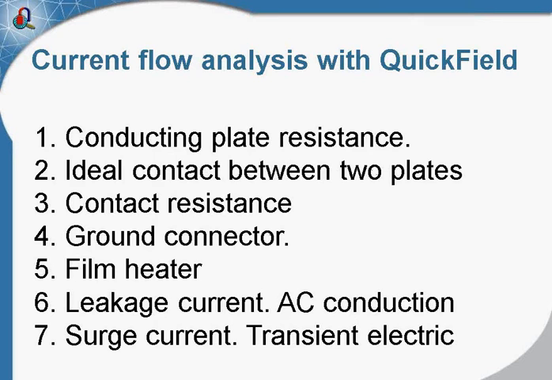Then we will simulate the film heater, a thin film carrying electric current, which is used as the heater. And we will simulate an AC conduction problem and calculate the leakage current in a three-phase cable, and we will simulate a transient electric problem and calculate the surge current in the resistor.